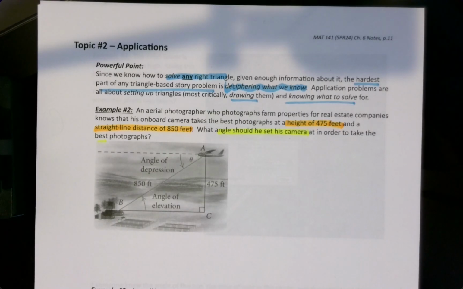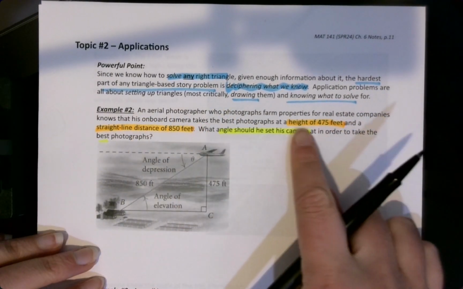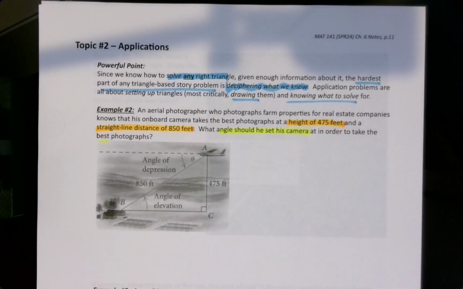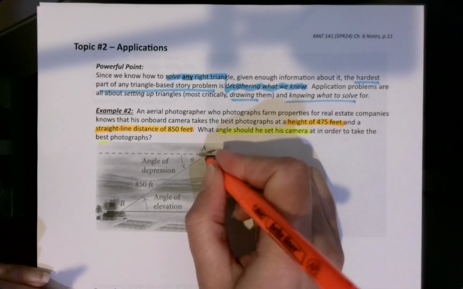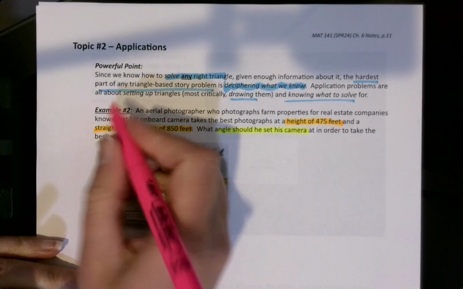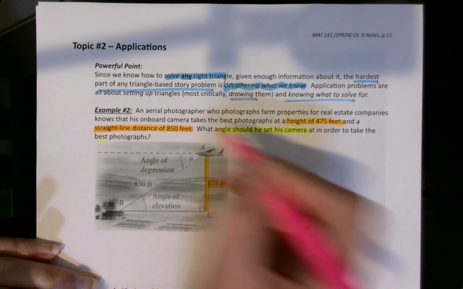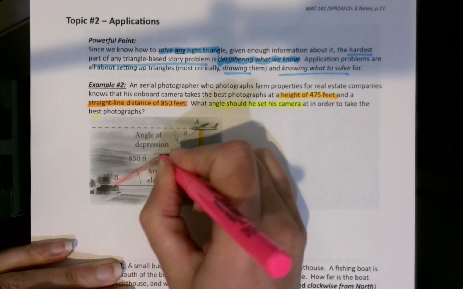Okay, so this diagram has been partially constructed for us. In this diagram, I know that the height is going to be that 475 feet right here. That's the height of the plane. And then our straight line distance is going to be the hypotenuse.